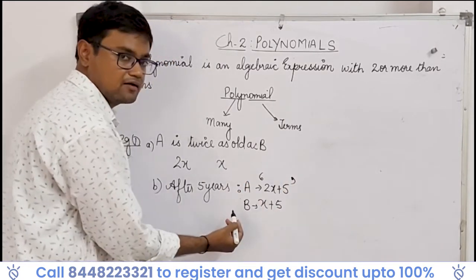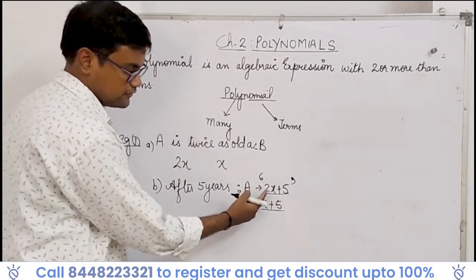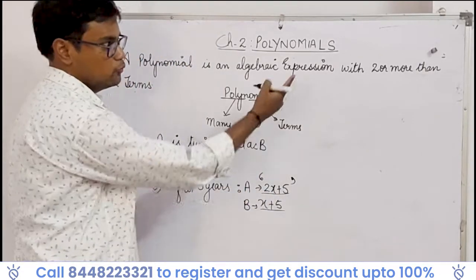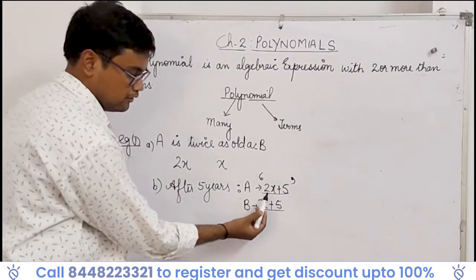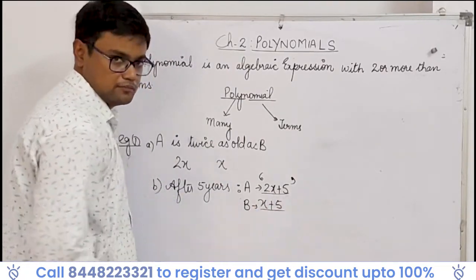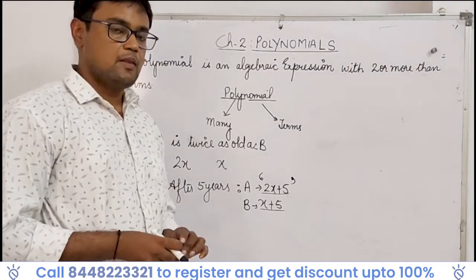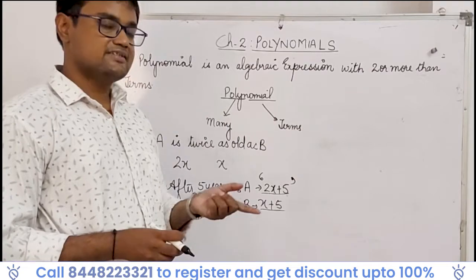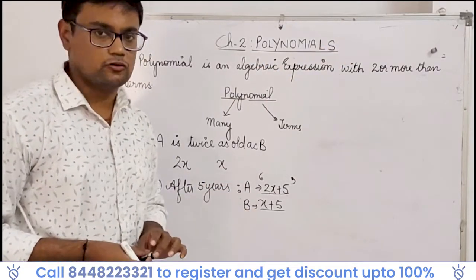They both are polynomials because they have two or more than two terms. 2x and 5, there are two terms. And there is a special feature associated with polynomials.